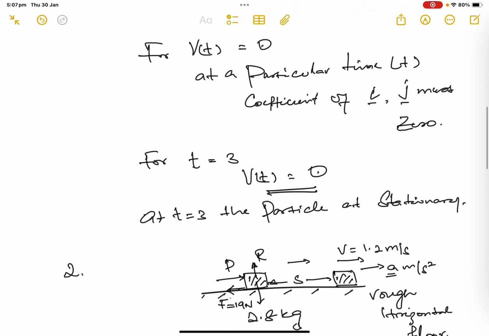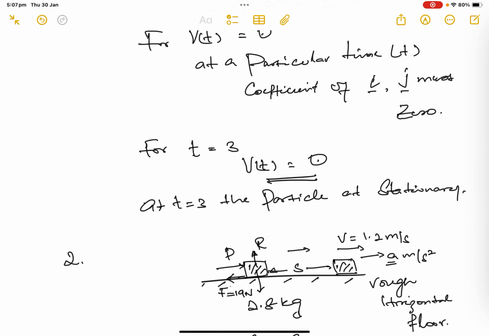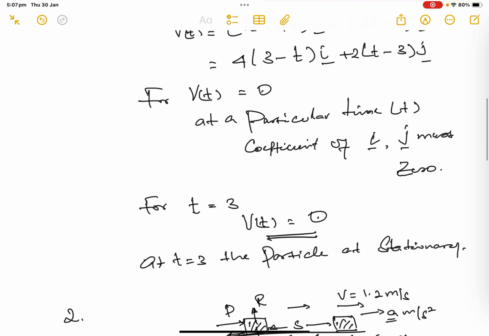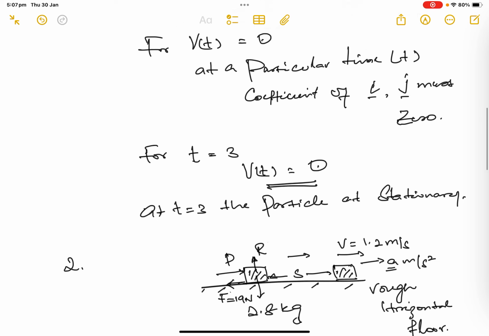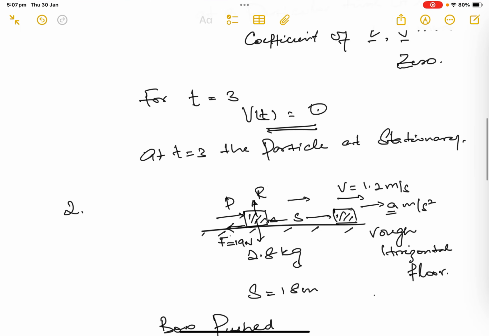So when t equals 3, the i part is 0, as well as the j part. Therefore v equals 0. So the particle will be stationary when t equals 3.